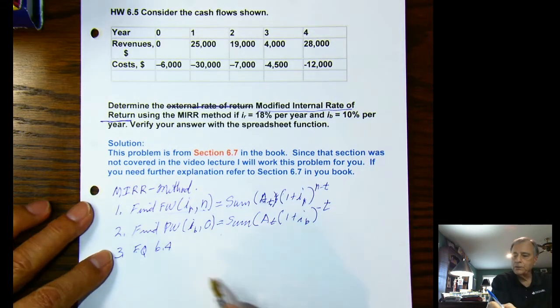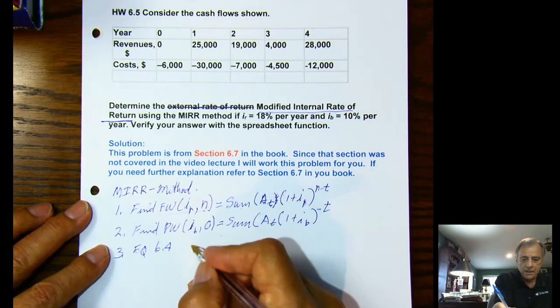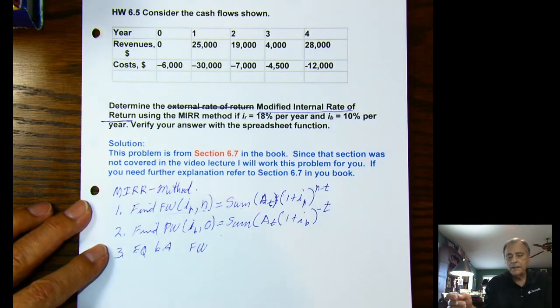And then the third step, once we've got this value and this value, we use equation 6.4 to set the future worth and solve for the modified internal rate of return.